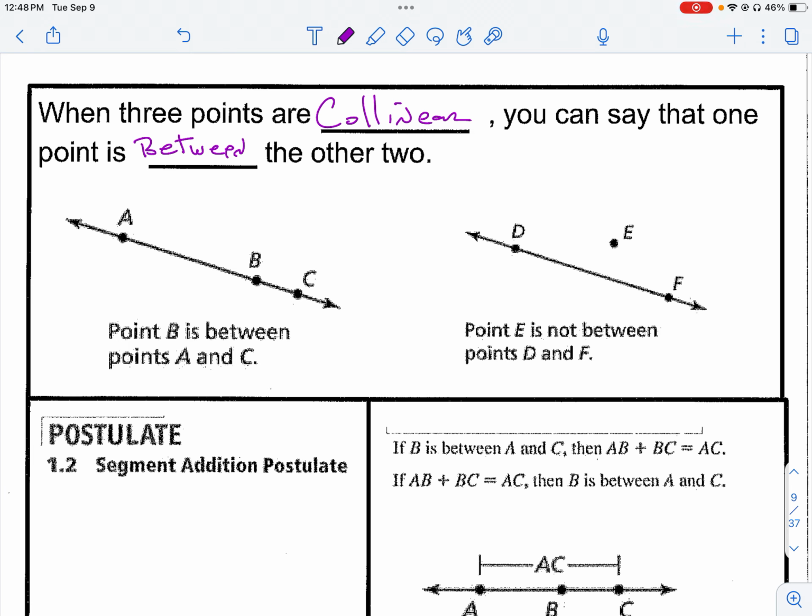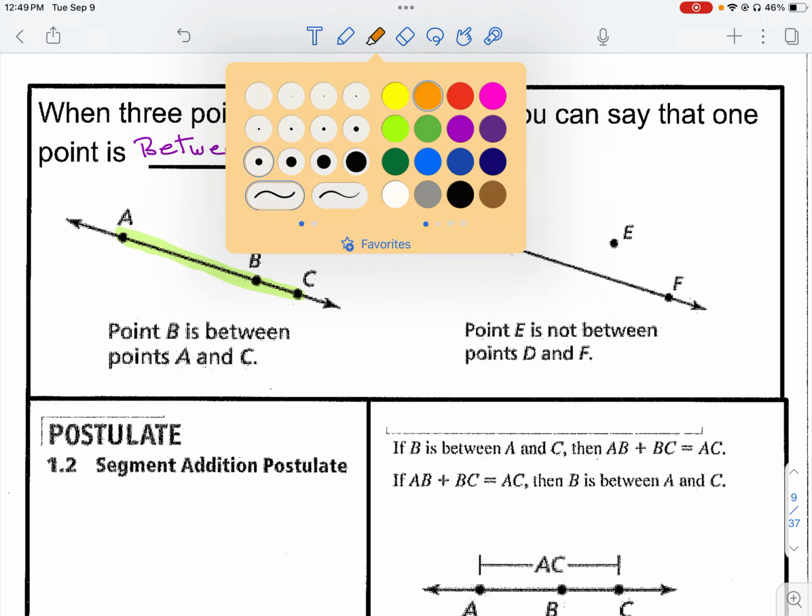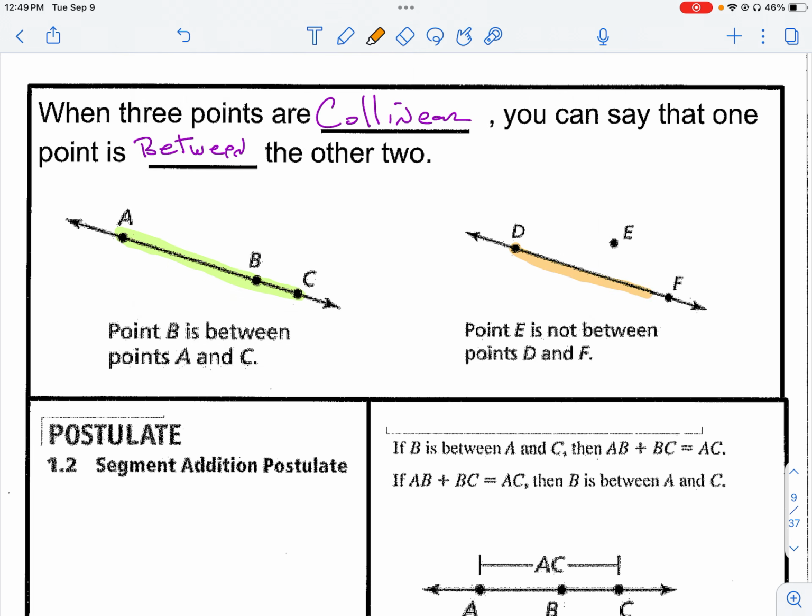So here I have A and C. Let's highlight it, A and C. So B is clearly between A and C, because if I go straight down that line from A to C, I run into B. If I come over here between D and F, and I go from D to F in a straight line, I don't run into E. So therefore E is not between D and F. In geometry, they have to be collinear.